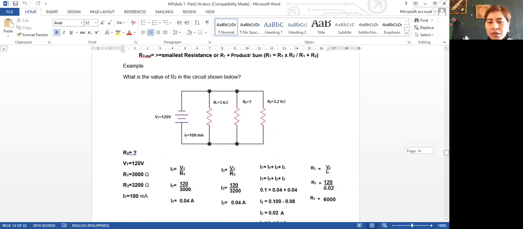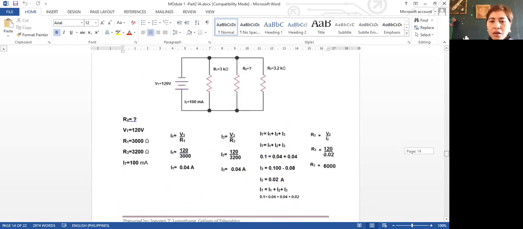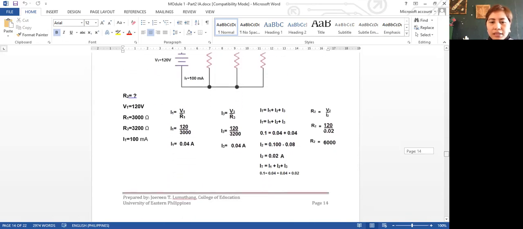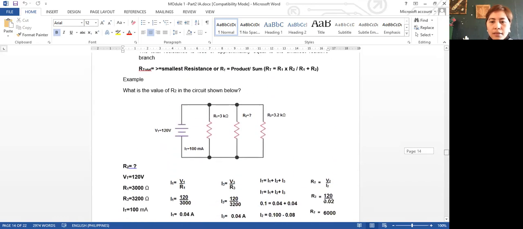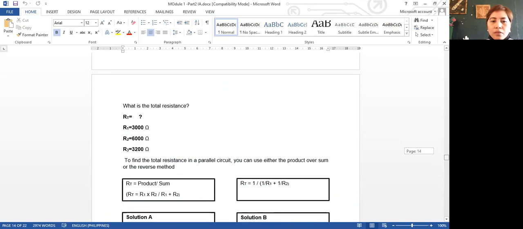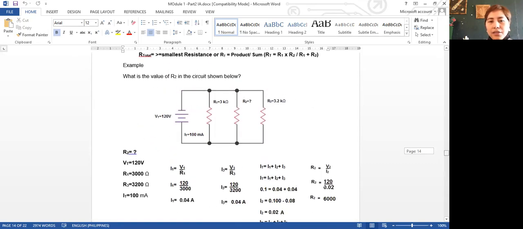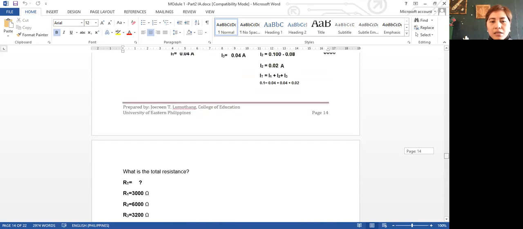So you will see here we have the given R1 is 3 kilo ohms, R2 is 6,000 ohms, and R3 is 3.2 kilo ohms. The resistances for the parallel here are already complete.